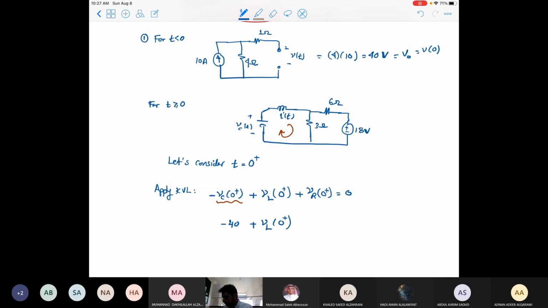And we don't know what's the value of this quantity. So what is the voltage across the resistor here? What do you think, Shabab?